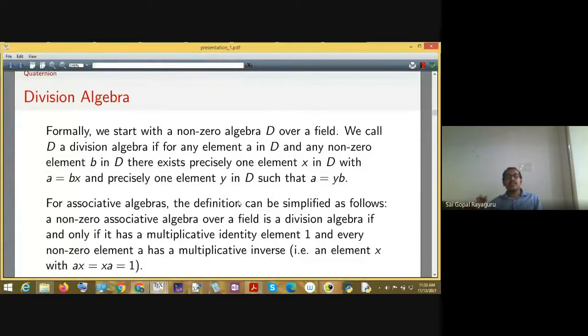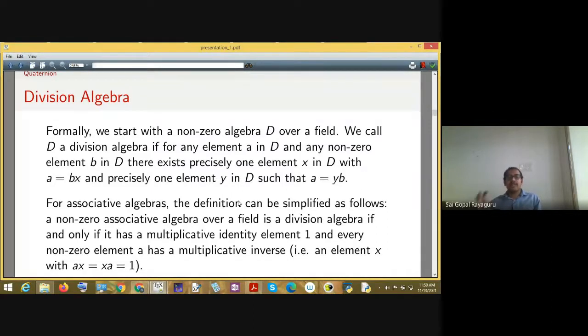Formally, we start with a non-zero algebra D. Basically, algebra means a structure with some algebraic properties. So the field of reals is an algebra, and the field of complex numbers is also an algebra. An algebra is a structure we construct with certain elements and some fixed algebraic properties.